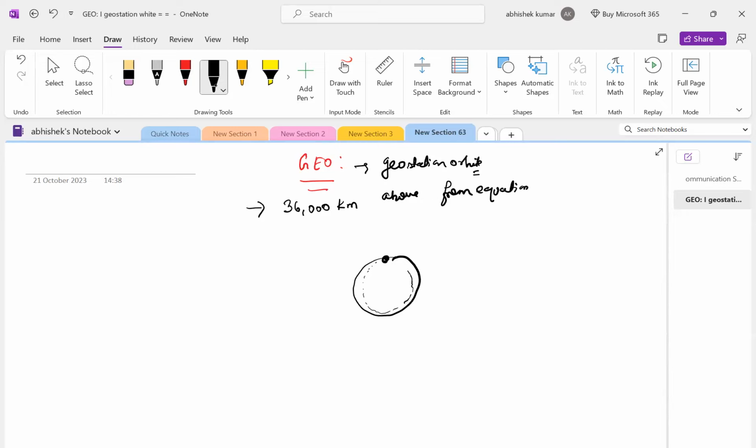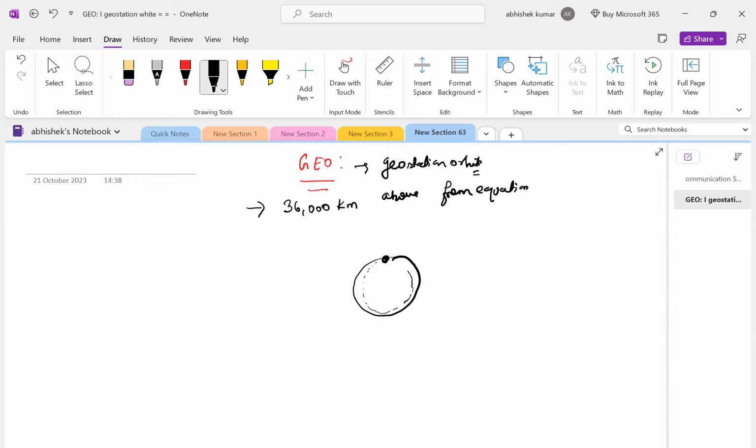So what are the advantages of a satellite placed at geo orbit? There are a lot of advantages. Since the satellite can always be viewed from the Earth, we can have communication throughout the day, throughout the year, every time.